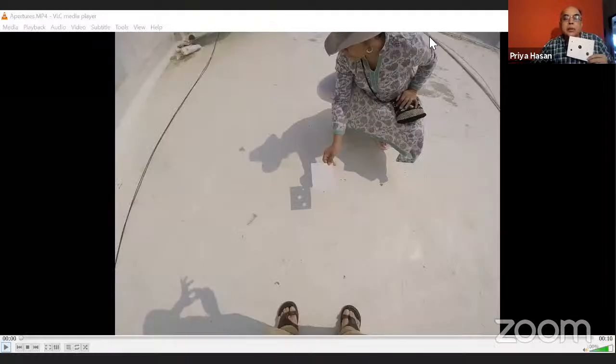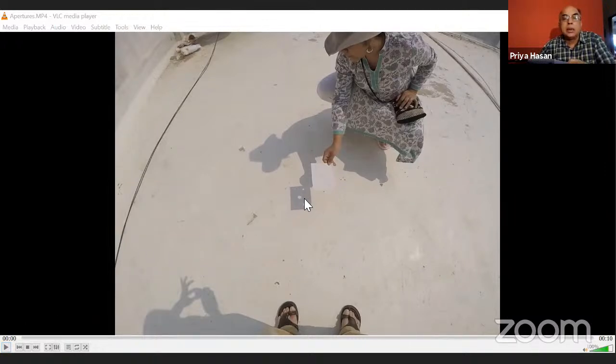And play this. You just see, we are out in the sun and keep it close to the ground. This is on the terrace we are doing it. If you keep it close to the ground, you will see different sizes of these images.